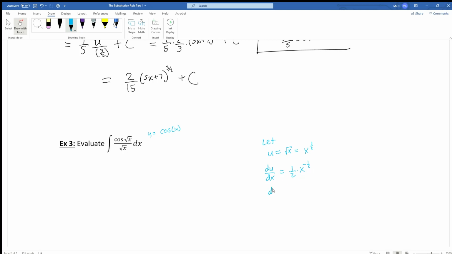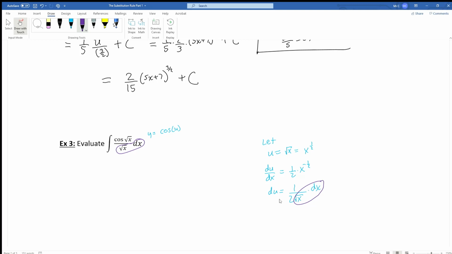And that gives me that du is equal to, well, let's rewrite this with positive exponents. That's 1/2 times the square root of x times dx from multiplying the x across. And now what do I notice? Well, I see that I have dx over the square root of x here, which does look just like this.